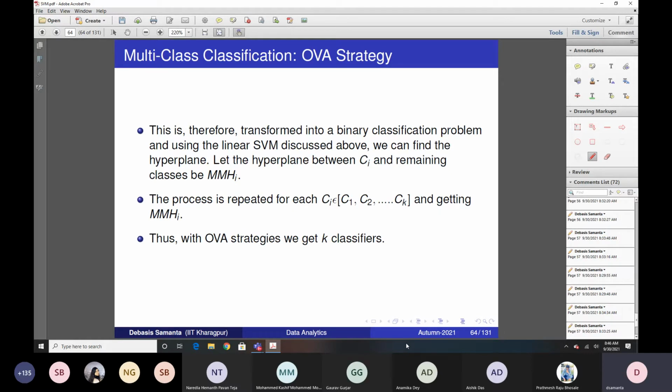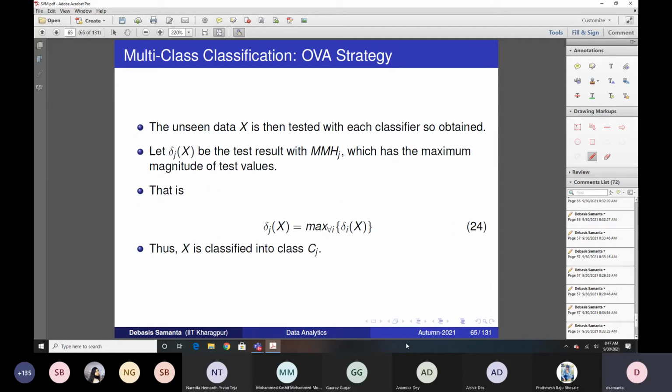The decision is that for each classifier, you test your unknown vector, and it will give you 5 different decision values. Out of these 5 decision values, you take the one that gives the maximum value. If the ith value is the maximum, then we decide that it belongs to the ith class.